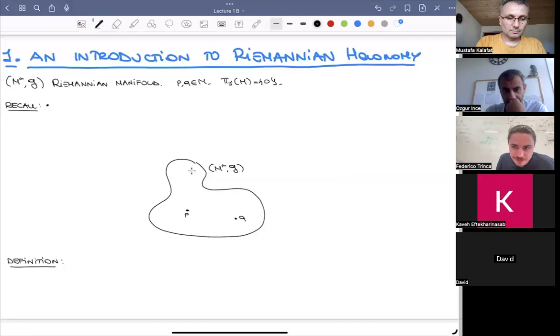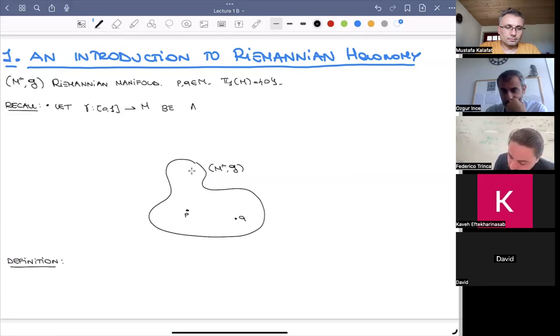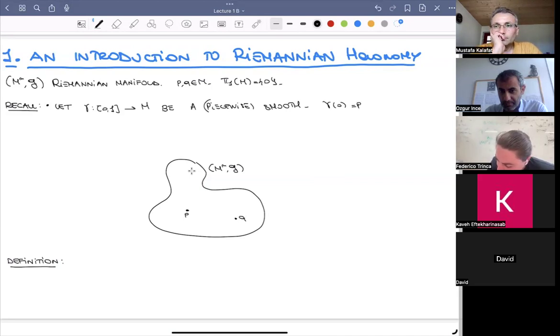First, I'm going to recall a very basic Riemannian geometric object, which is parallel transport. Let gamma be a path from [0,1] into my manifold, a piecewise smooth map, and assume that gamma(0) = p and gamma(1) = q. So it looks like this.